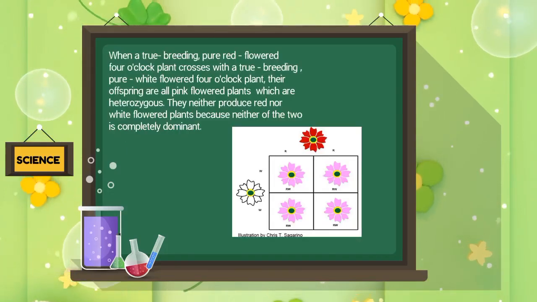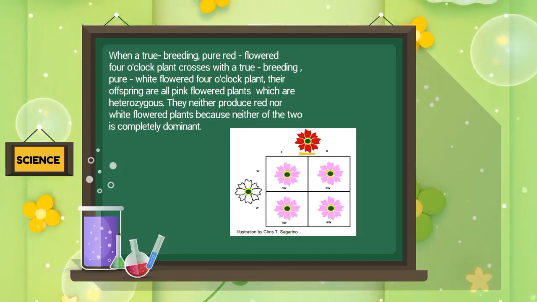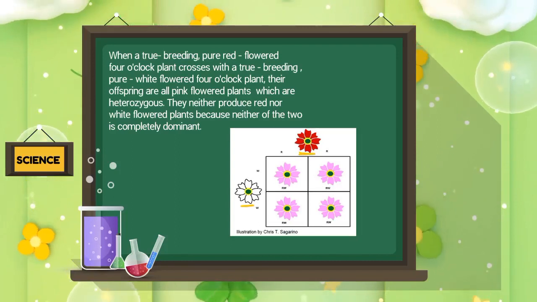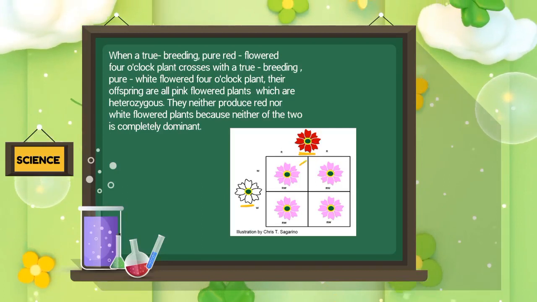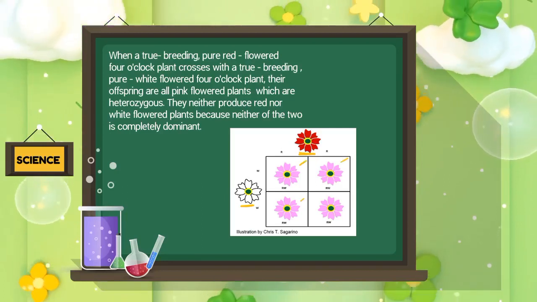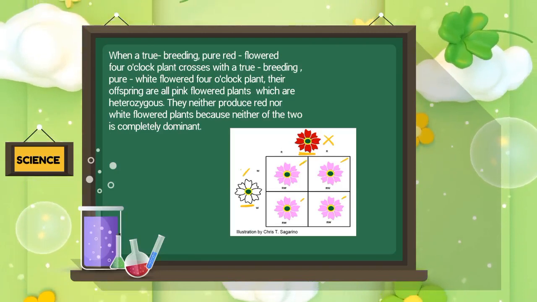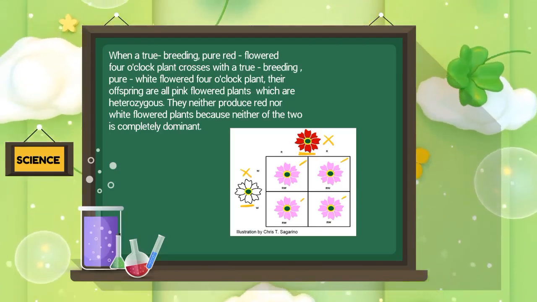So based on our Punnett square, when a true breeding pure red flowered 4 o'clock plant crosses with a true breeding pure white flowered 4 o'clock plant, their offspring are all pink flowered plants which are heterozygous. They neither produce red nor white flowered plants because neither of the two is completely dominant.